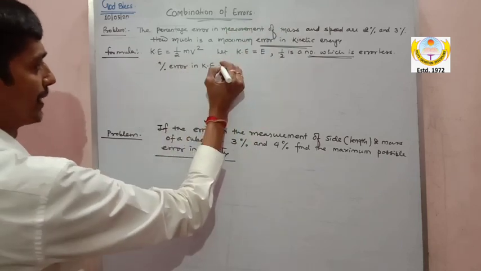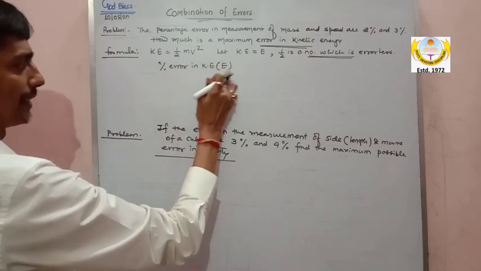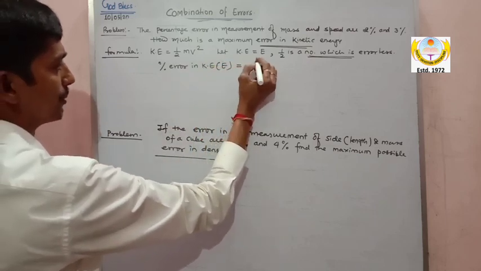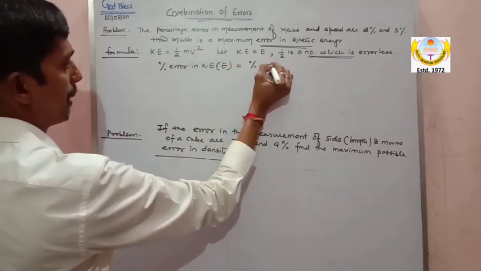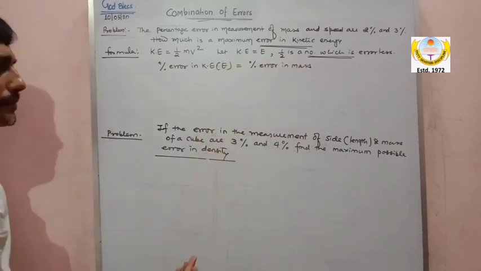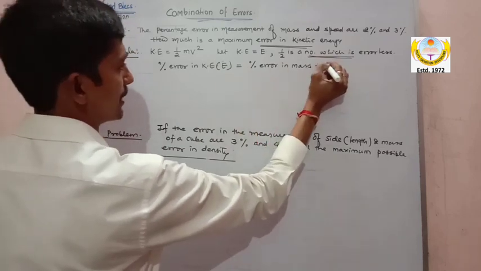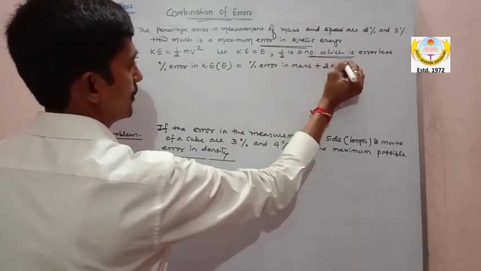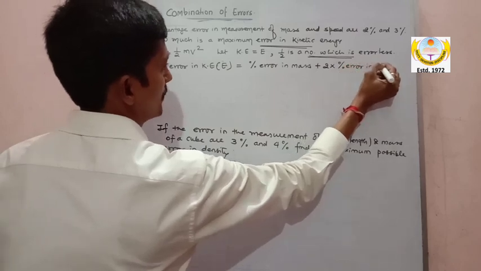So percentage error in kinetic energy, denoted by E, that is percentage error in E, is equal to percentage error in mass plus, because when I substitute, 2 into percentage error in velocity, in speed.